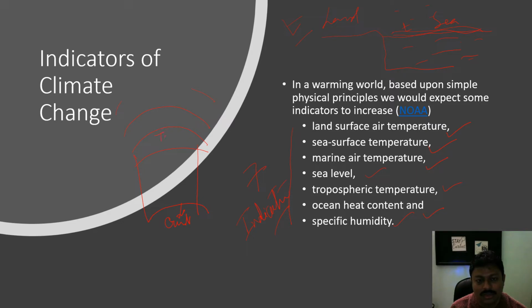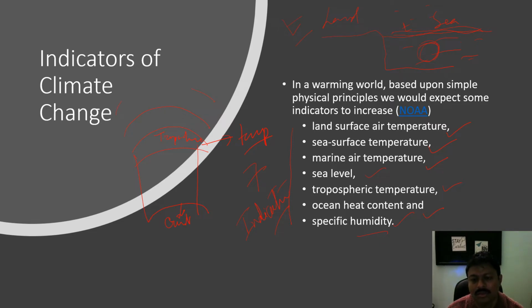So, if this is your troposphere, the temperature of the troposphere is this. And ocean heat content is the heat generated or absorbed in the ocean. Specific humidity, you all know, is the amount of moisture available in the air. So that is humidity.